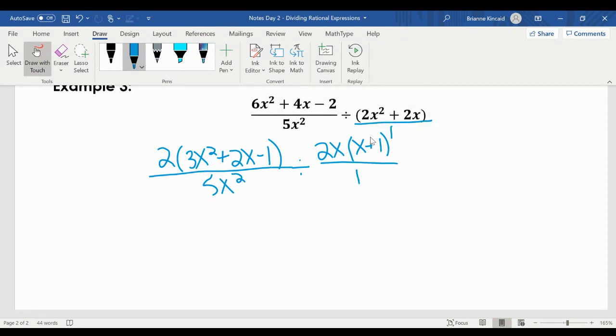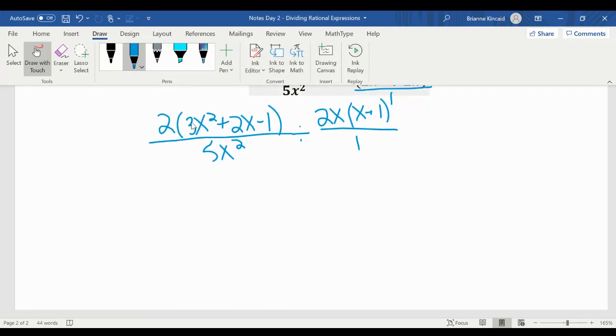You can still factor this problem further. 3x squared plus 2x minus 1, you have a trinomial. A trinomial factors to two binomials. The thing that makes this a little bit trickier is your first term is not just an x squared.